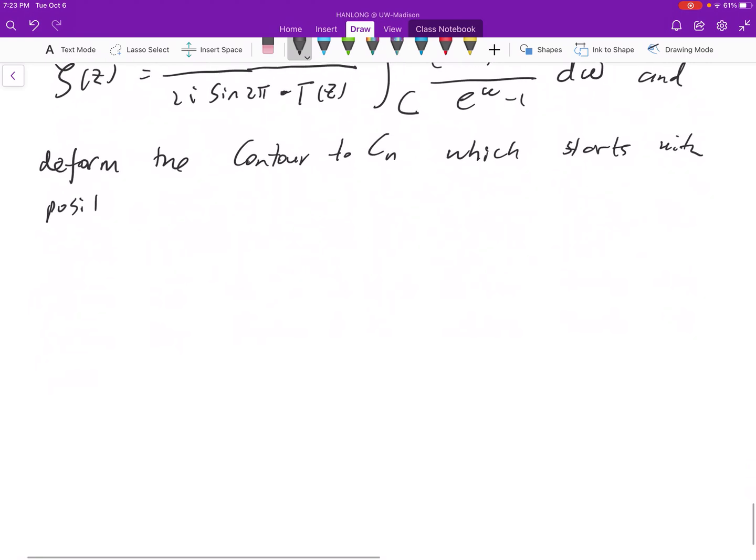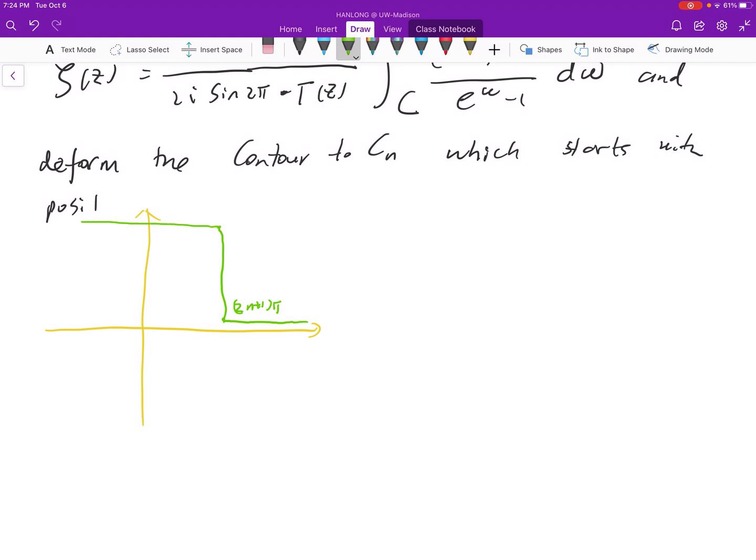Okay, so I would rather draw the picture instead of writing it down. So you start with infinity and go above the real axis to 2n plus 1 pi, and then go anticlockwise, and all the way back.